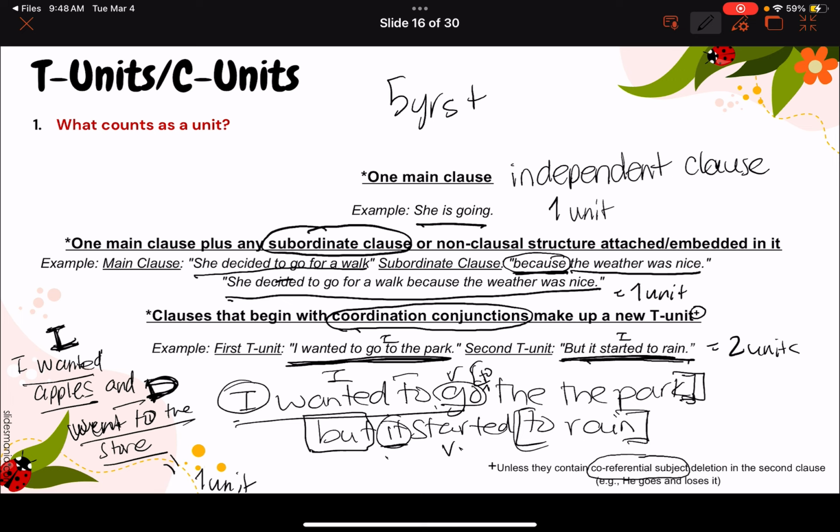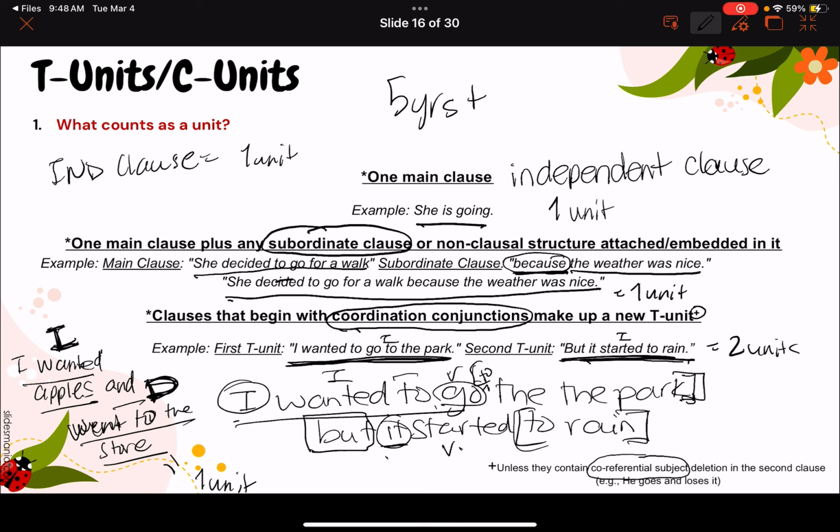Okay, so any independent clauses are going to equal 1 unit. So if I put 2 independent clauses together joined with a coordinating conjunction, that will be 2 units. Okay, hopefully that makes sense. We can definitely go over that some more, but always think independent clauses always count as a unit.